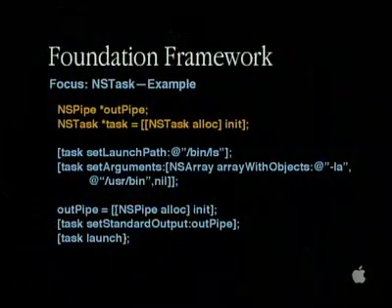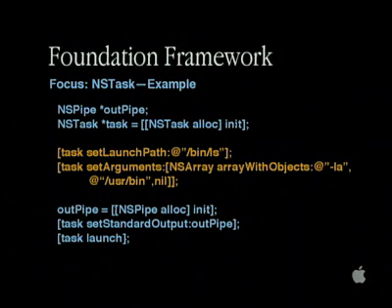Let's take a look at how you might set up an NSTask. First, you can see that we're calling alloc and init to create a new instance of an NSTask and then initialize it to default values. Then we send it the setLaunchPath message to actually tell it what application we want it to launch.